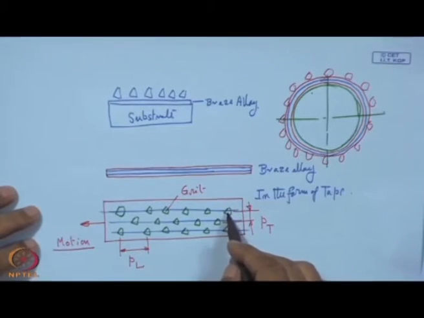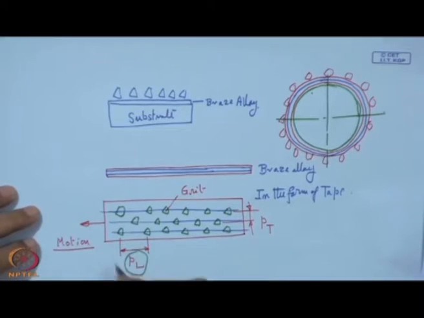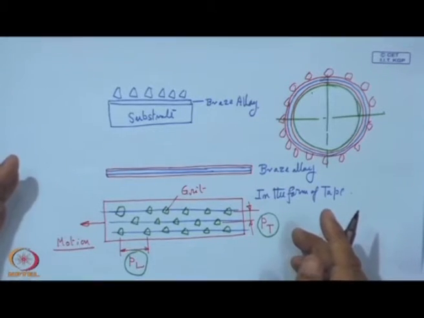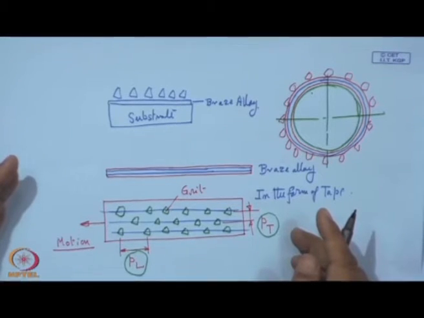It can be small size, it can be larger size, we can adjust the value of PL and the value of PT, from the mesh or the sieve, which is a part of the screen printing technique. By changing the size and the orientation, we can have this kind of arrangement.